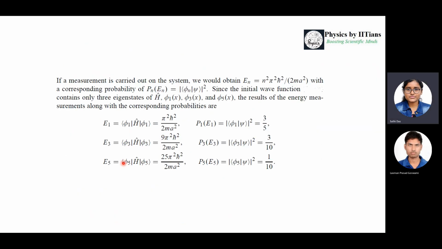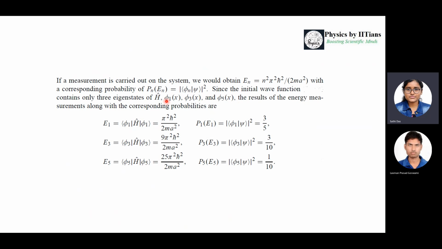Now, suppose this measurement is carried out on the system. This energy eigenfunction will have this En with a corresponding probability Pn En equals mod of phi n psi whole square. That is the probability. The initial wave function contains only three eigenstates, because its components are phi 1, phi 3, phi 5.